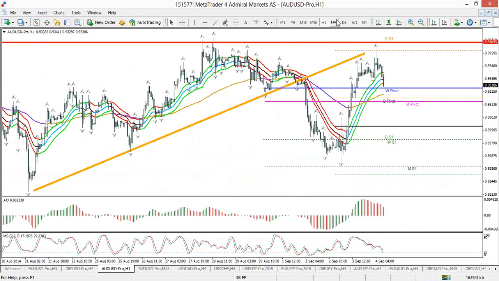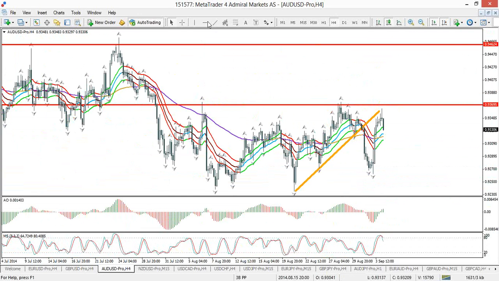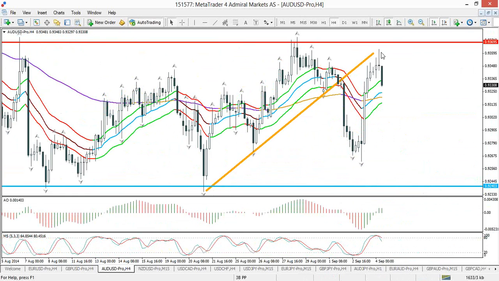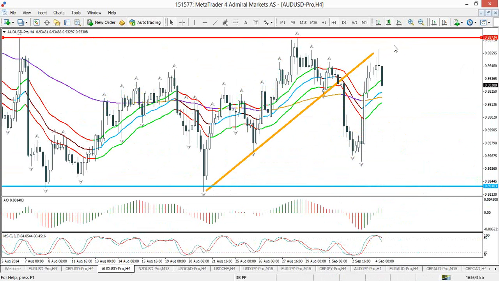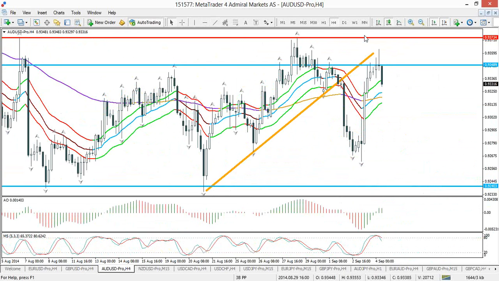A very stubborn pair at the moment is Aussie. It's just bouncing between these two levels. And we might be bouncing again. We had a good 4-hour wick here. So if you use candlestick patterns, for instance, and you use support and resistance, this would be an interesting short of that 4-hour candle at 93.50 with a stop loss above 93.75 as a resistance bounce off of the top, with maybe a target.